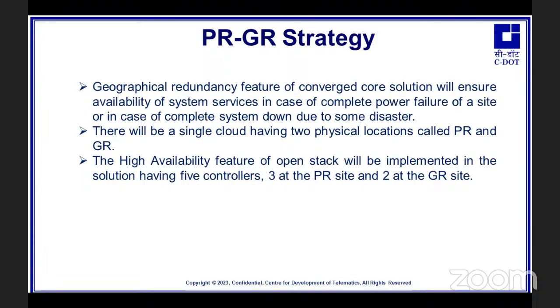There will be a single cloud having two physical locations called PRGR, which I have already covered, and the high availability feature of OpenStack will be implemented in the solution, with 3 controllers for the PR side and 2 for the GR side, as described in the earlier slide.